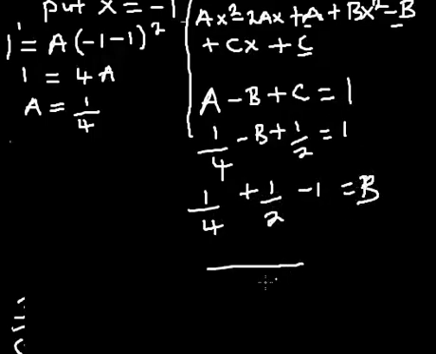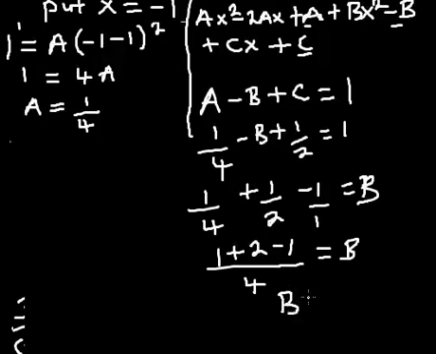So with LCM, the LCM of course is 4. 4 divided by 4 is 1, 1 times 1 is 1. 4 divided by 2 is 2, 2 times 1 is 2. 4 divided by 1 is 4, 4 times minus 1 is minus 4. So adding this, 1 plus 2 is 3, 3 minus 4 is of course minus 1, so b is equal to 2 all over 4.